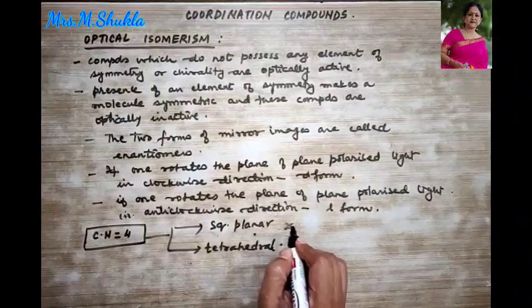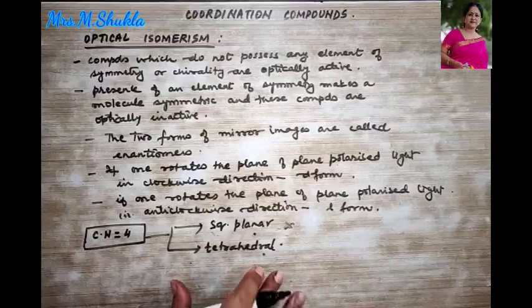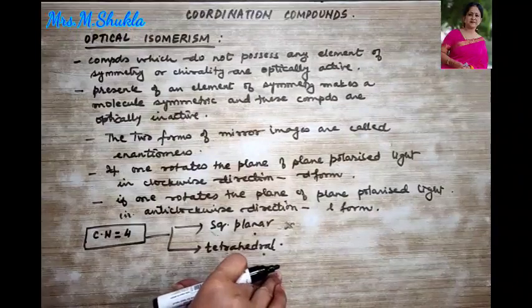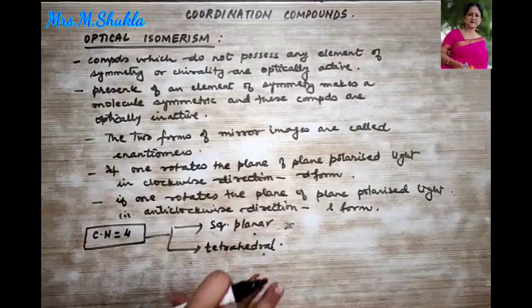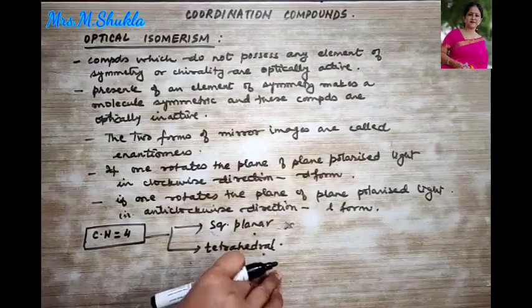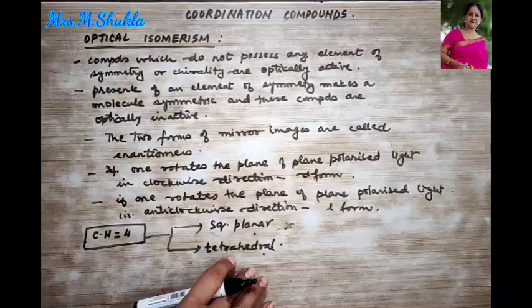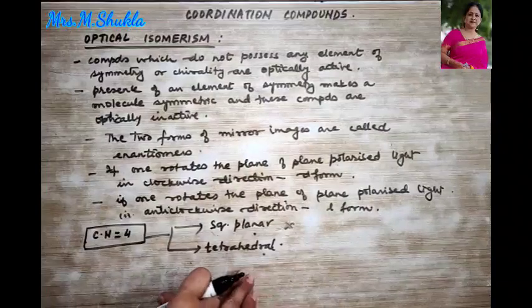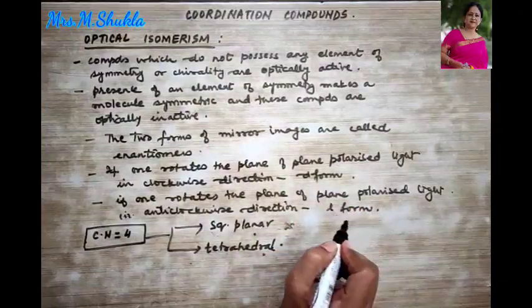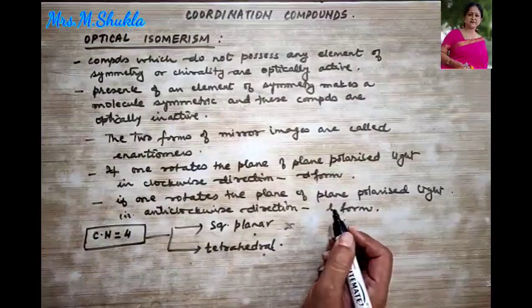Now let us discuss tetrahedral structure. These compounds have asymmetrical tetrahedral carbon atoms and they are generally optically active. And it is expected that these tetrahedral complexes with 4 different ligands might show optical isomerism, but they do not resolve to show either the D or the L forms of complex due to their labile nature.